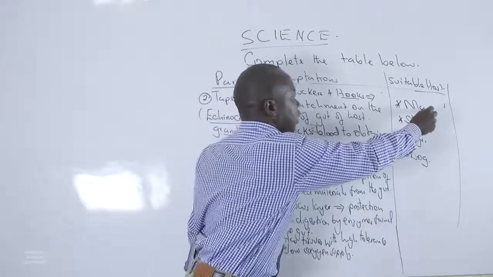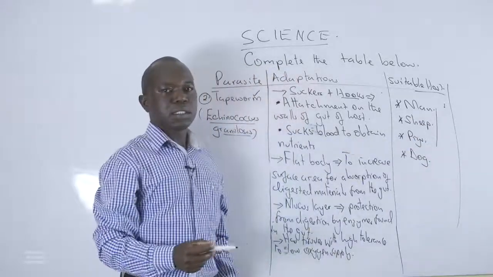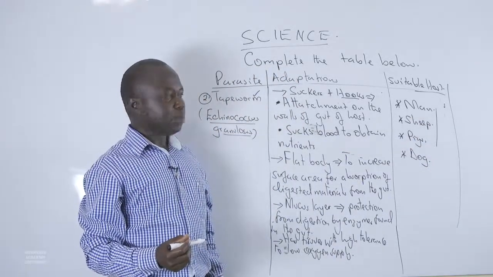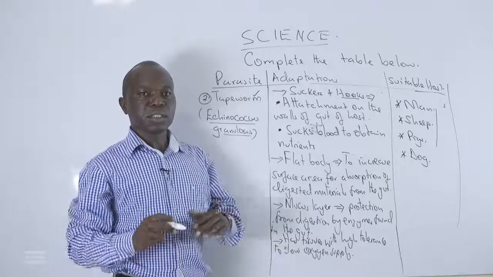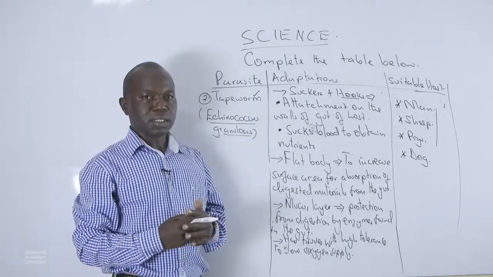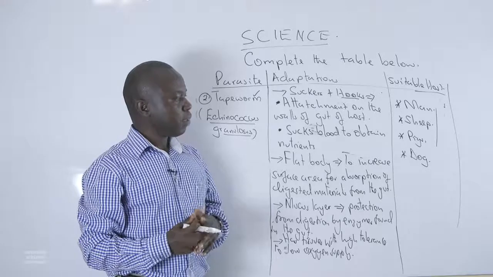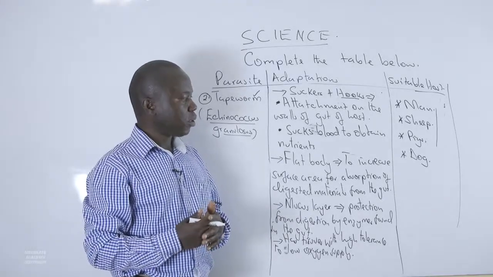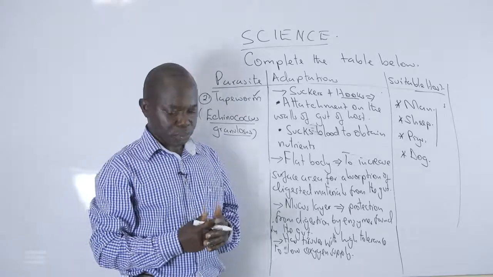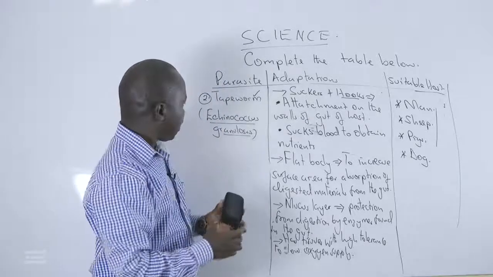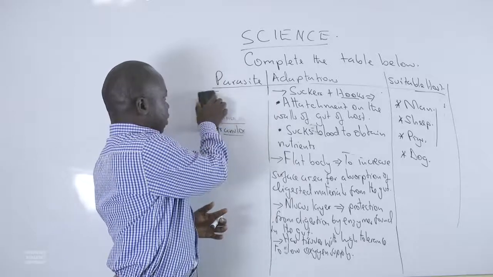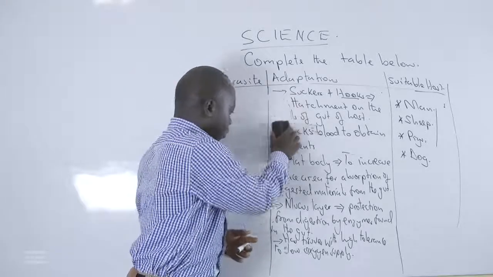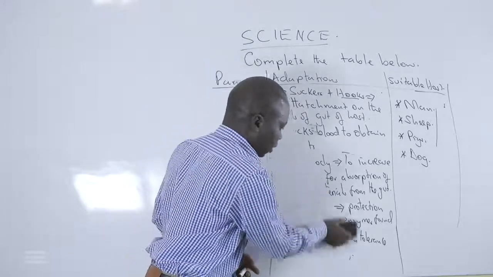But these three are intermediate hosts. The role of intermediate host is just to act as a place for breeding before it is able to get into the primary host.